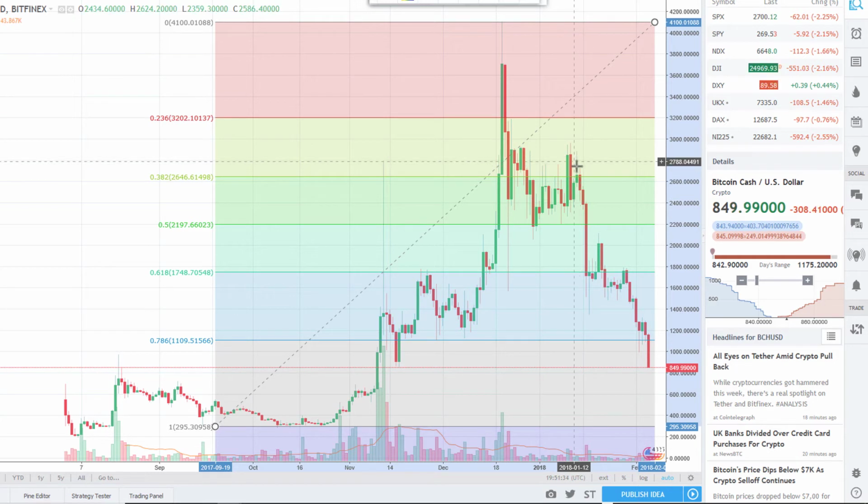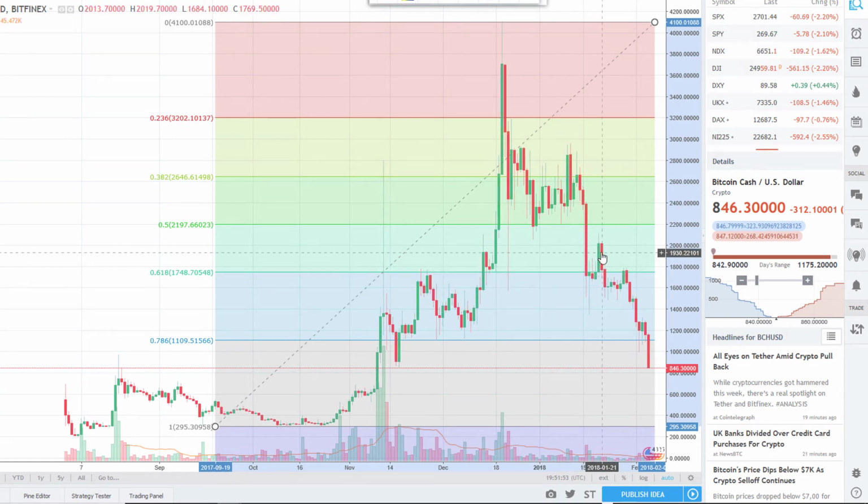So it went up, went down through it, and then it went, okay, I've tried going above the 50% retracement. How about going down? So it went down. Now it's down to the 61.8.